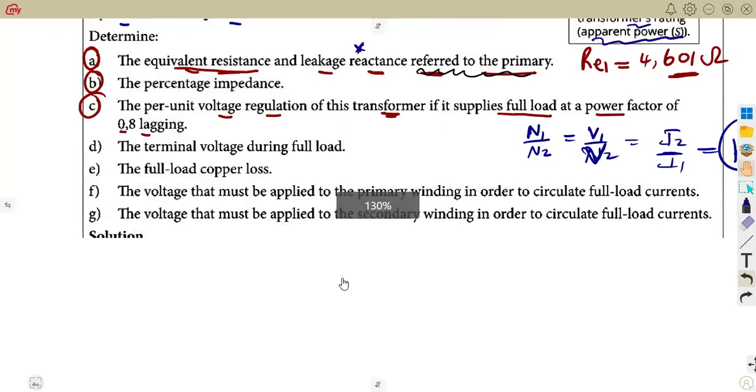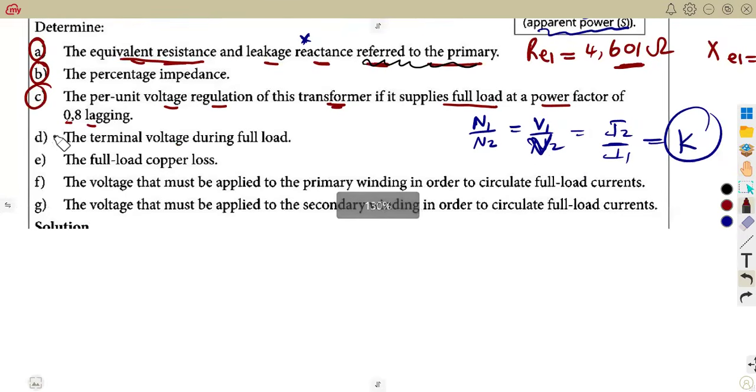The terminal voltage during the full load. It's a full load condition, so there's V2 there at the output. Remember the last one that we had in our previous class, it was open, so you don't consider calculating any V2 there. In this condition, V2 has to be calculated, the terminal voltage during the full load.